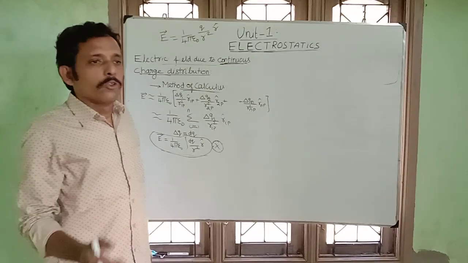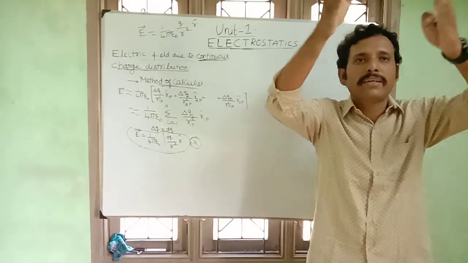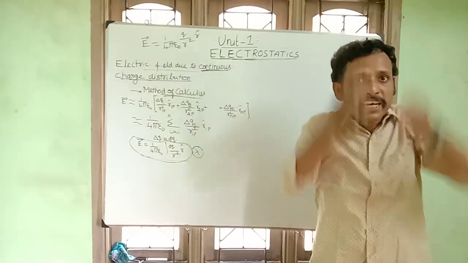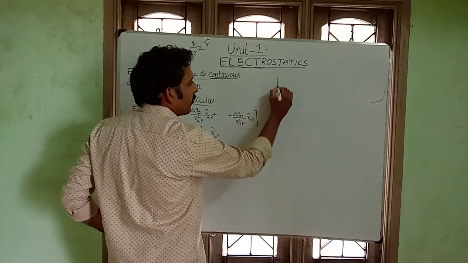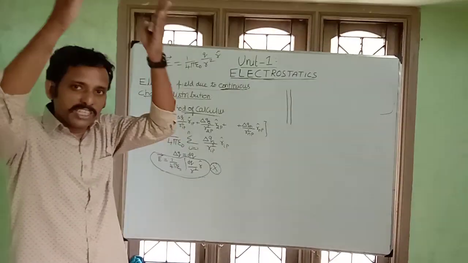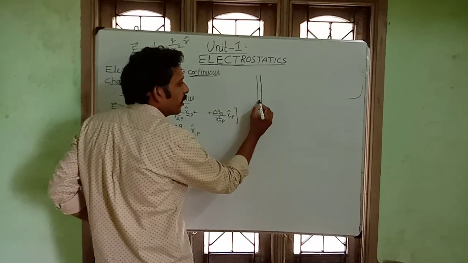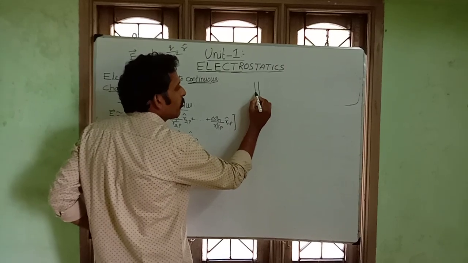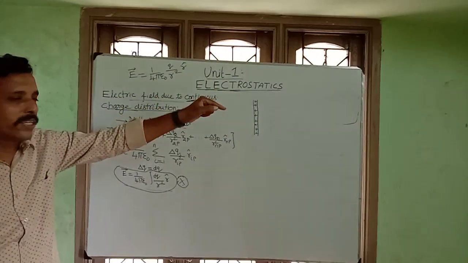You may ask one question: what happens if you have a conductor that is linear? If I have an object like this, a linear, straight one, and the charges are uniformly distributed, I have to calculate the electric field.